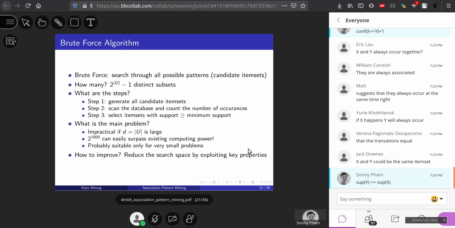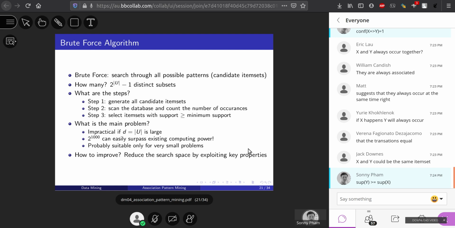Even existing computing power would struggle with calculating all the item sets. In terms of memory and storage, it's too huge. So we cannot really do it this way, and therefore the brute force algorithm can only be done manually, for very small problems.